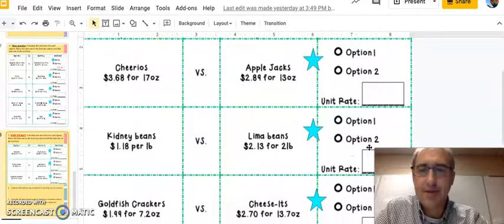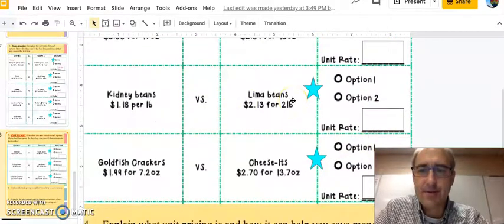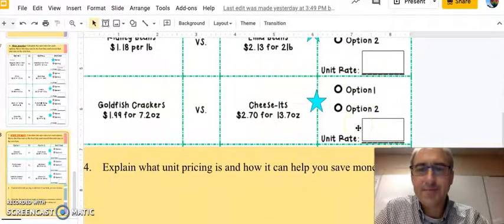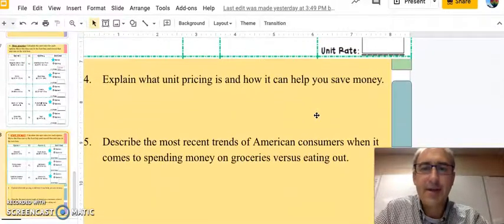We're comparing cereals again, some cans of food, some crackers, and then at the bottom, you're also going to explain what unit price is and how it can help you save money. You're then going to describe the most recent trends of American consumers when it comes to spending money on groceries versus eating out. You could also refer back to yesterday's stuff.